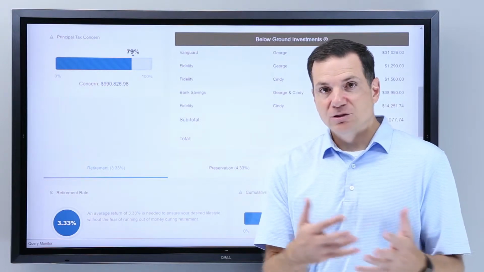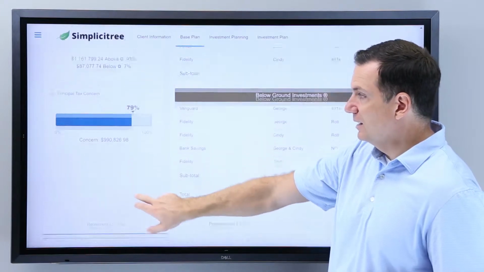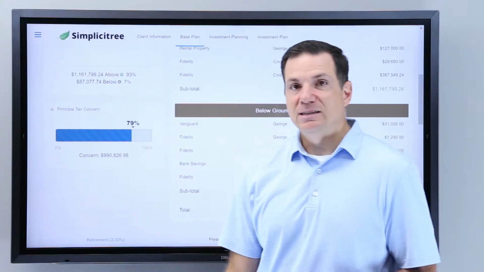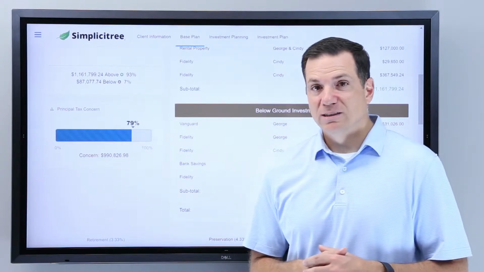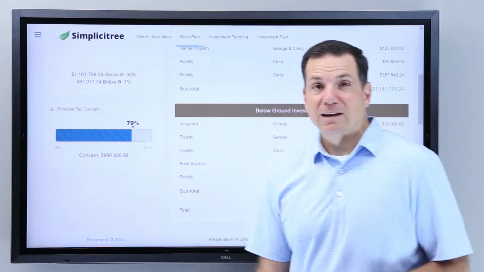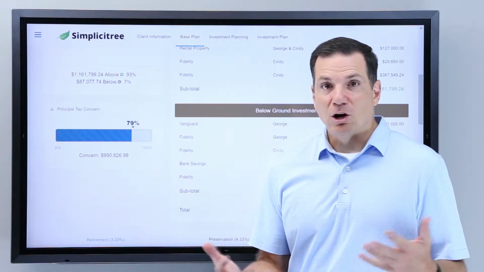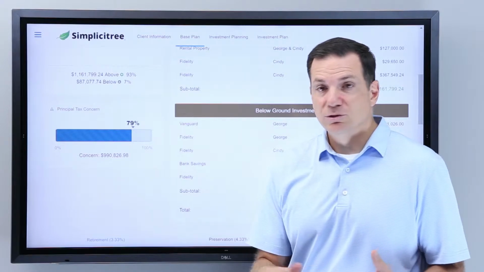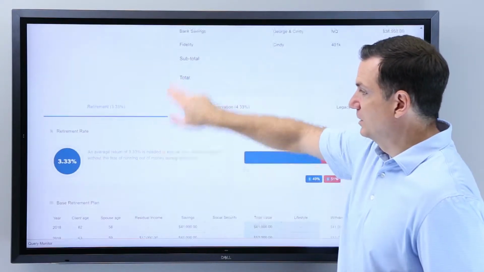So $1,250,000 of what they have in their nest egg, and $990,000 of that is going to be 100% taxable in retirement. This means that we should probably have some sort of conversation about your principal tax concern. Are there things that we can do to reduce that heading into retirement or even throughout retirement?